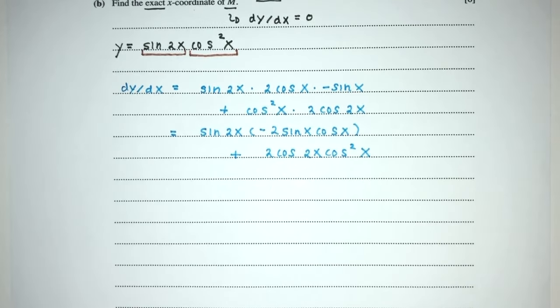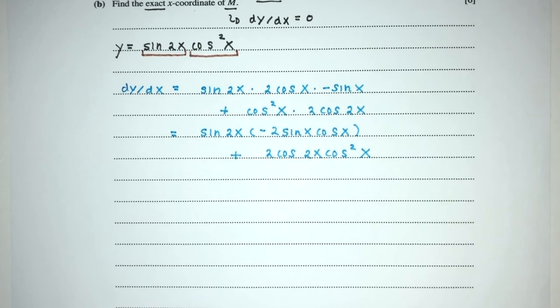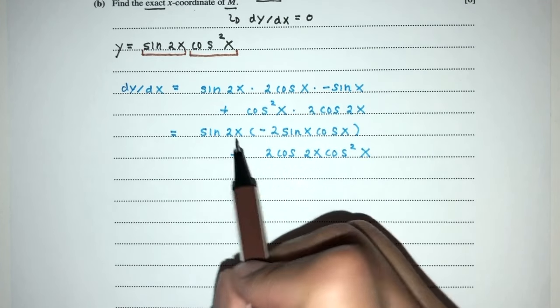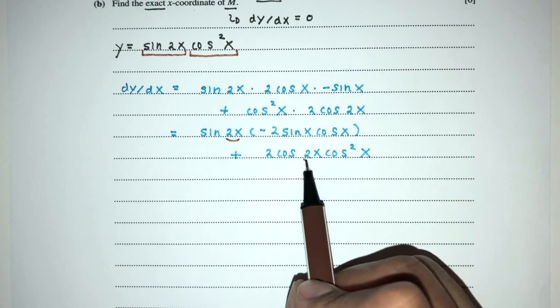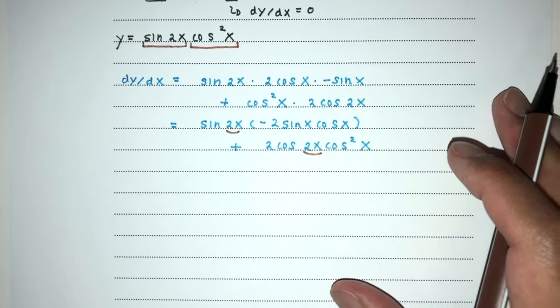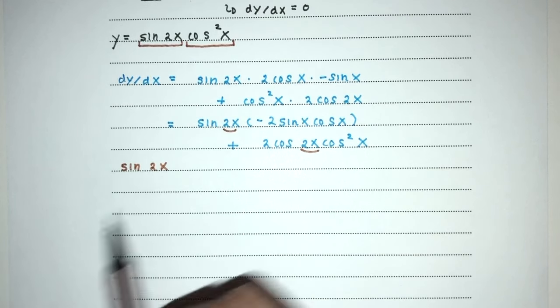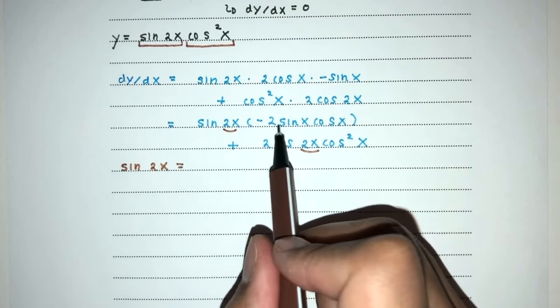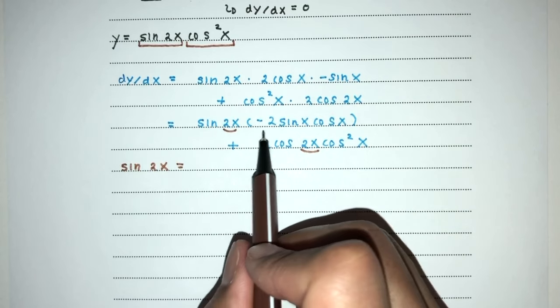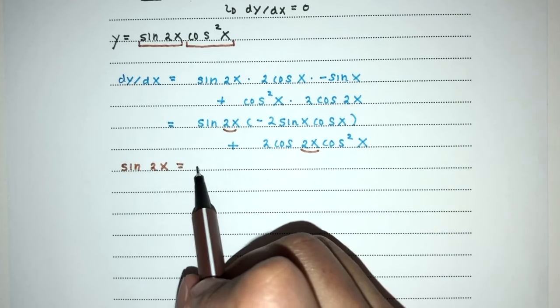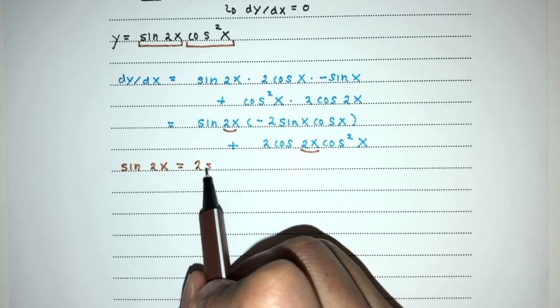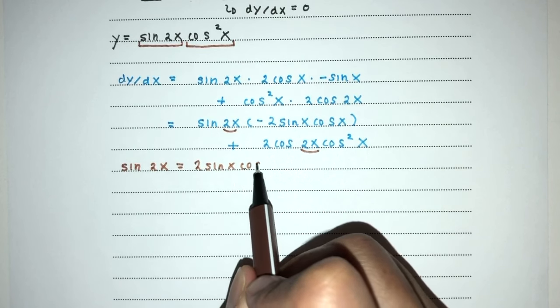Right. Now let's see how we can simplify this some more to find the other values. Because here we have double angles, we have to find ways to simplify this. Now what do we know? We know that sine 2x is equal to 2 sine x cos x.